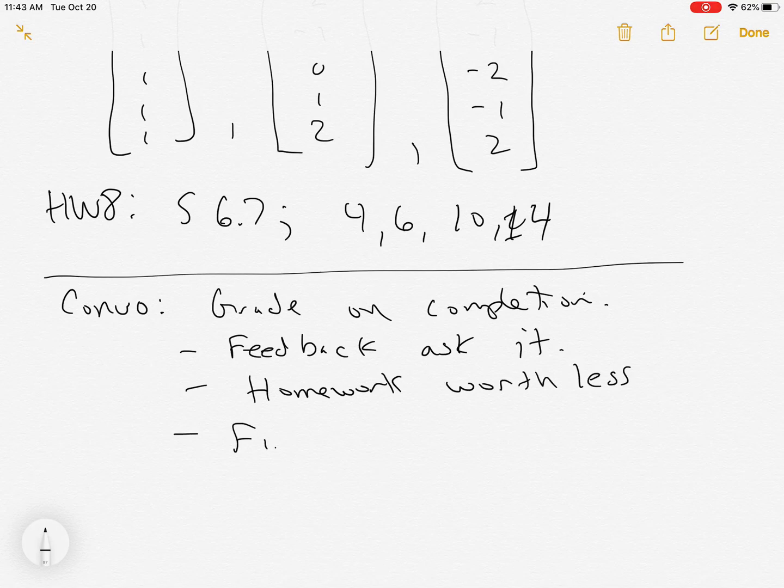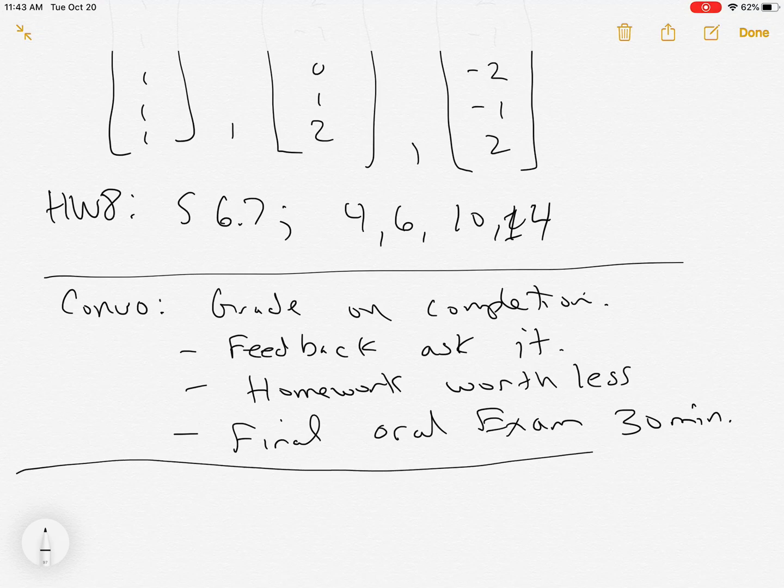And the final is going to be an oral exam, 30 minutes long. I can get, I think, half of them during the day of the finals on the actual final time, and then the other half will be other times. So keep that in mind.